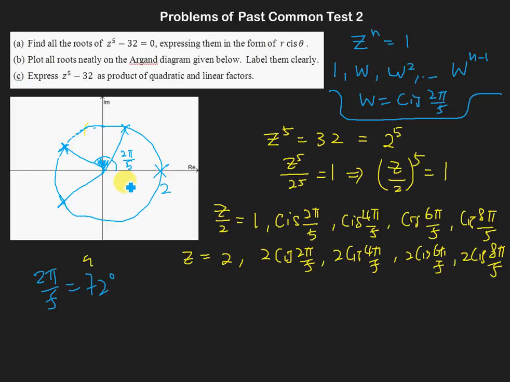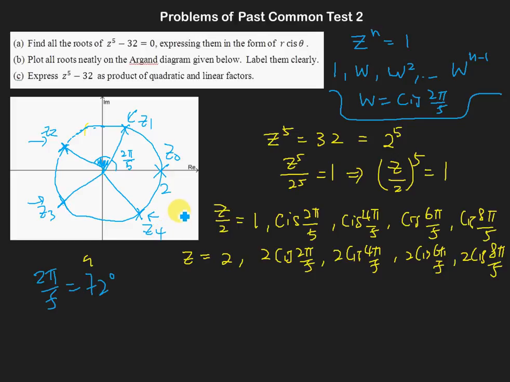The last one must be here, because the last one, 2 times 8 pi over 5, is the conjugate of the first one. So these two are conjugates of each other, and these two are conjugates. We label them Z0, Z1, Z2, Z3, and Z4.